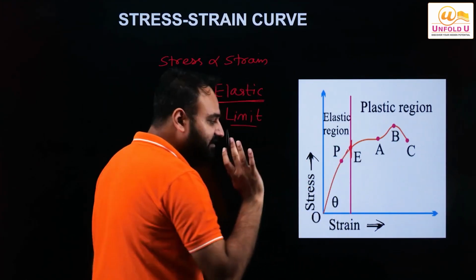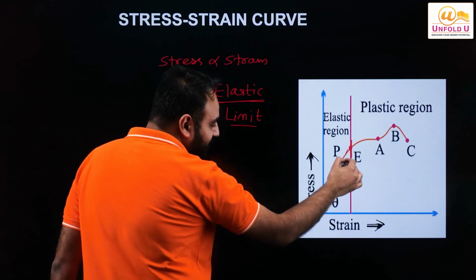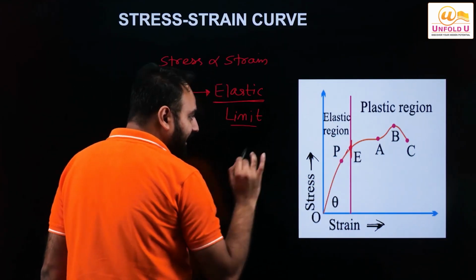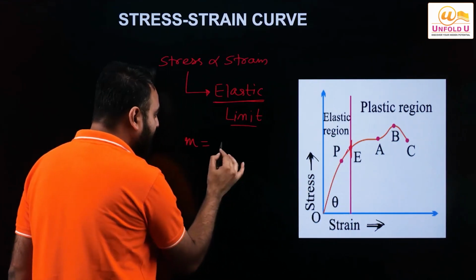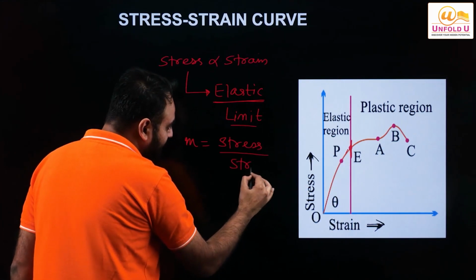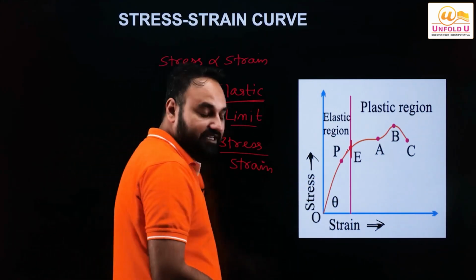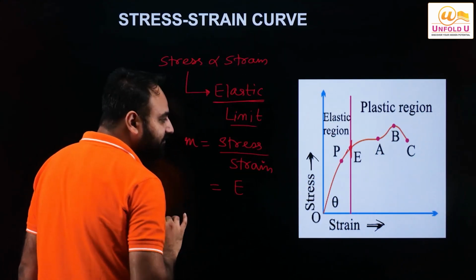You can see stress is proportional to strain, and if this is assumed to be a straight line, then what will be the slope of this line? Slope will be stress divided by strain. And what is stress divided by strain? Actually, it is nothing but modulus of elasticity.